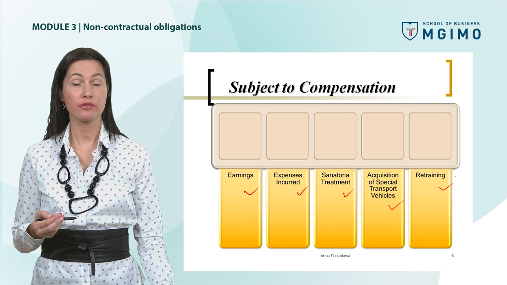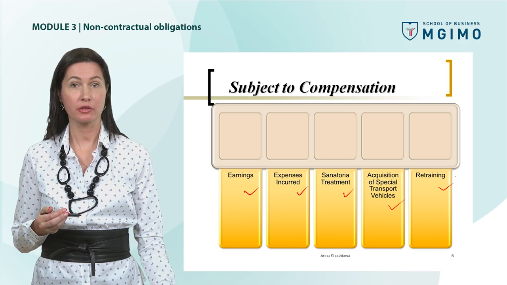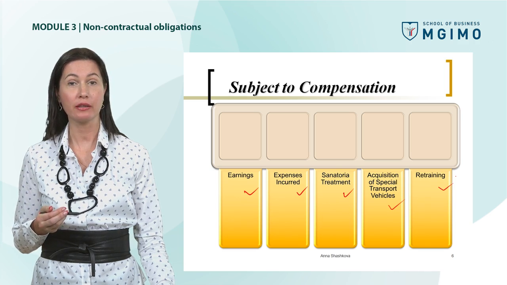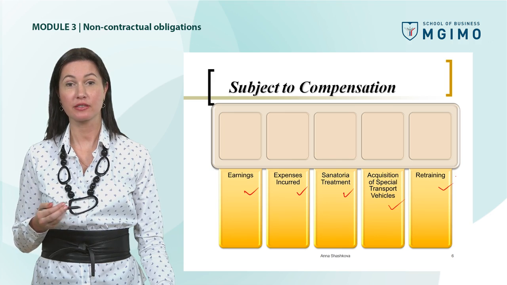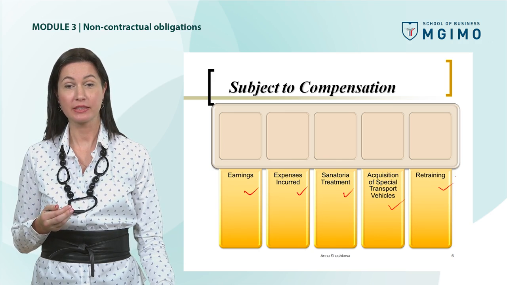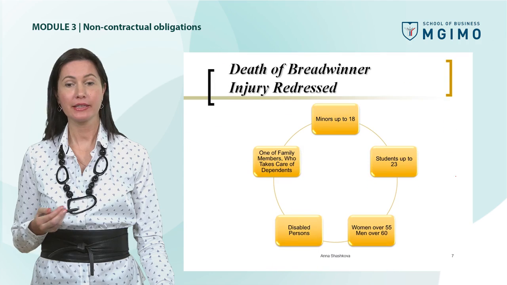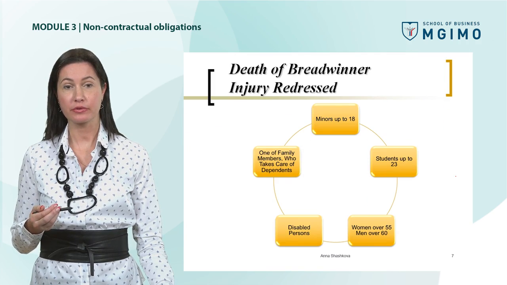So what is the résumé? The résumé is, unfortunately, that it is cheaper to kill a person than to damage a person. That is why in particular countries there are situations that they just kill persons who are damaged just to save money. And if a person is killed, still injury is redressed to other persons.